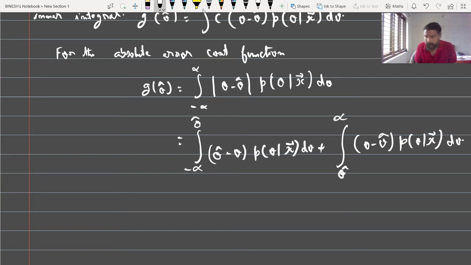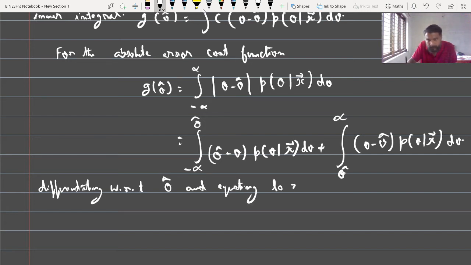So differentiating with respect to theta cap and equating to 0 gives you what?